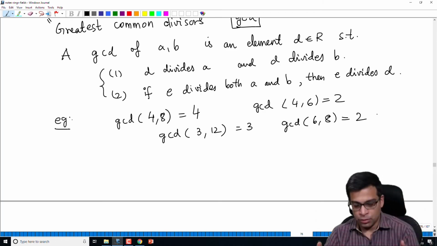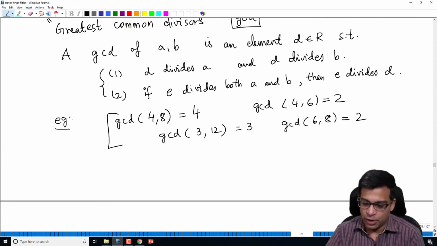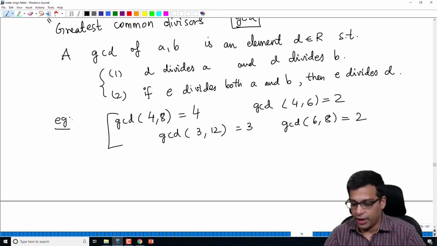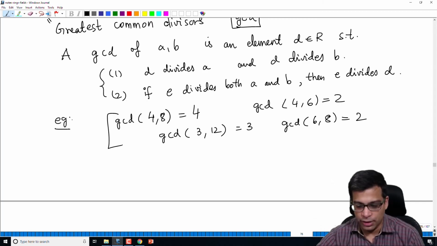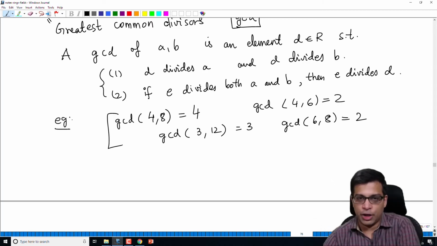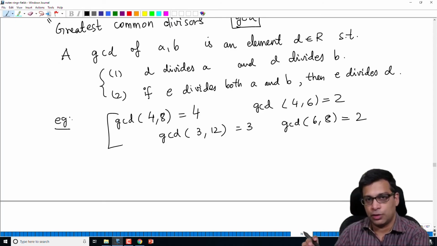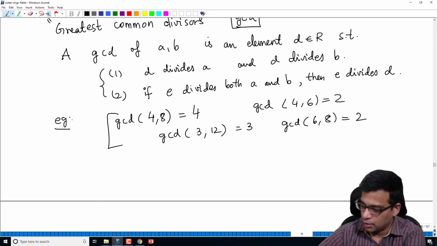This is all something that you are familiar with. We look at all numbers that divide both of them, and we take the largest one in the case of integers. But because there is no largest or smallest element in arbitrary rings, we are going to stick to this definition where we want the common divisor to be divisible by every other common divisor.